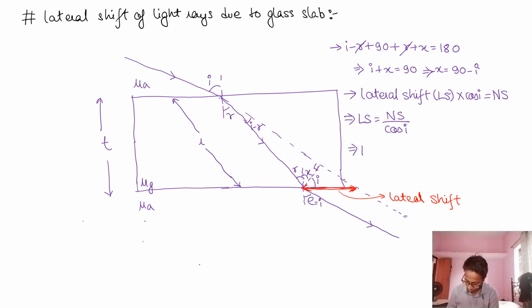The value of normal shift was t, the thickness of the slab, by cos r into sin (i minus r). So if you find out lateral shift or normal shift, you can easily find out the other.